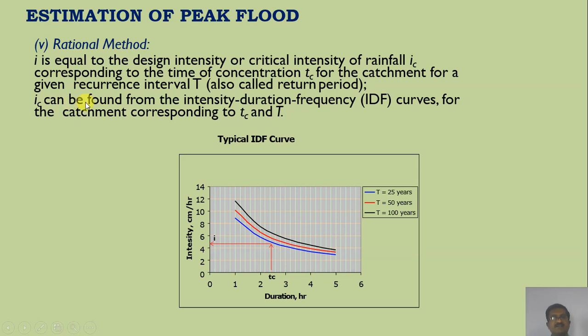This IC can be found from the intensity, duration, frequency (IDF) curves for the catchment corresponding to TC and T. This is a typical IDF curve, plotted against duration and the intensity in centimeter per hour.